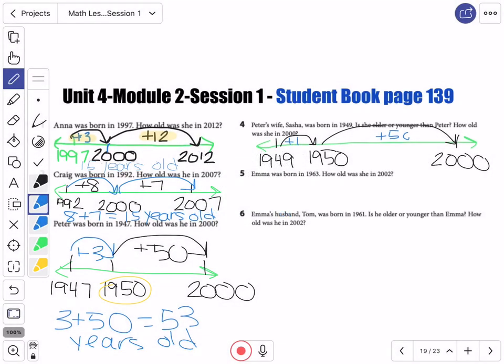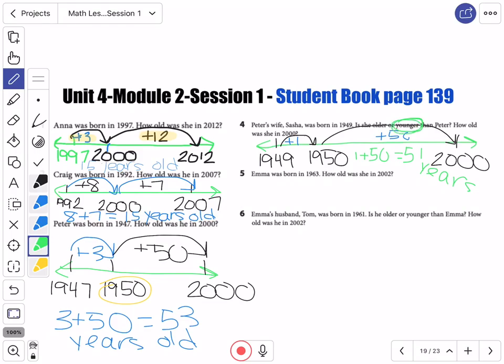So I will have jumped 50 years, which means that Sasha was 51 years old, because 1 plus the 50 that I jumped equals 51 years old in 2000. So the first question was, is she older or is she younger than Peter? Well, it appears that Sasha is younger than her husband, Peter.